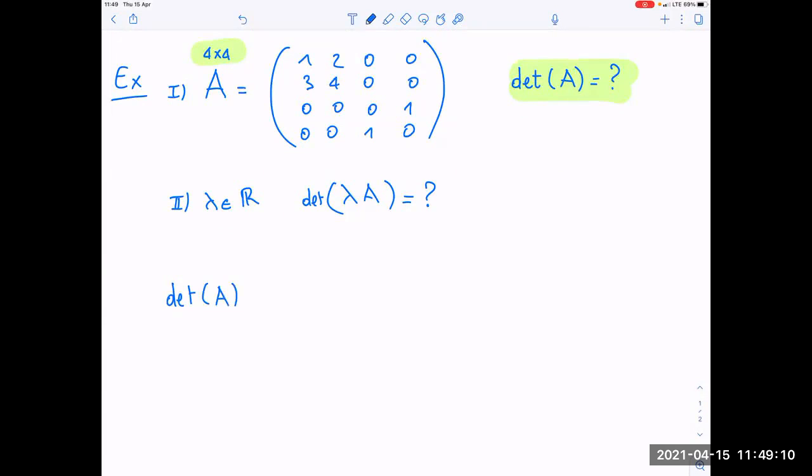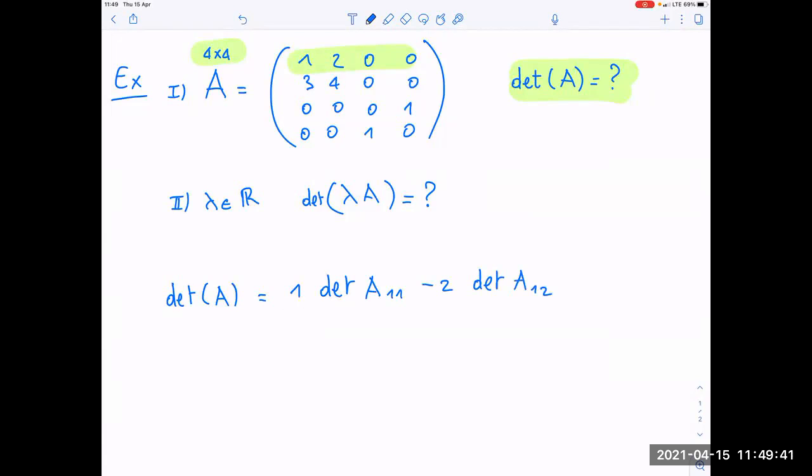What I'm doing is looking at the first row of this matrix. And then you will have to multiply 1 by the determinant of the matrix which we call A11, and then -2 times the determinant of the matrix that we call A12.